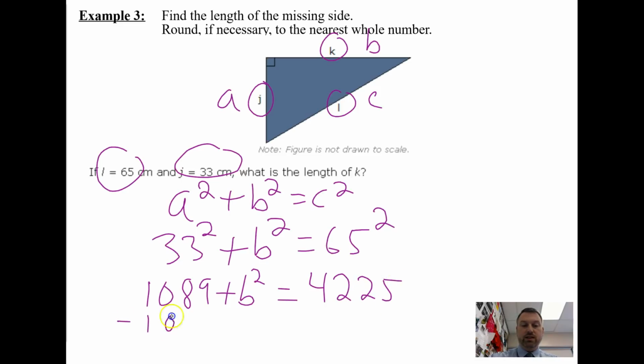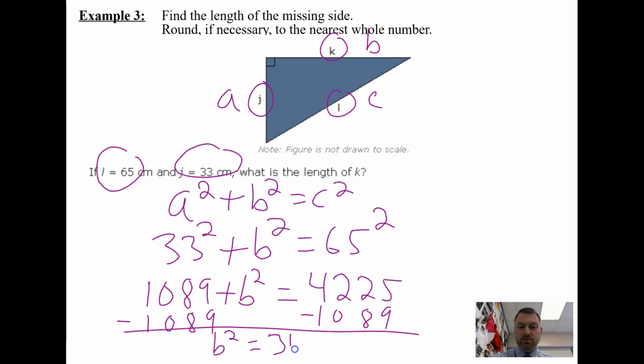Subtract 1,089 from both sides, and B squared equals 3,136. But I don't want B squared, I want just B, so take the square root of both sides, and the square root of 3,136 is 56. So I'm going to say B equals 56, or for the letters they used, K.